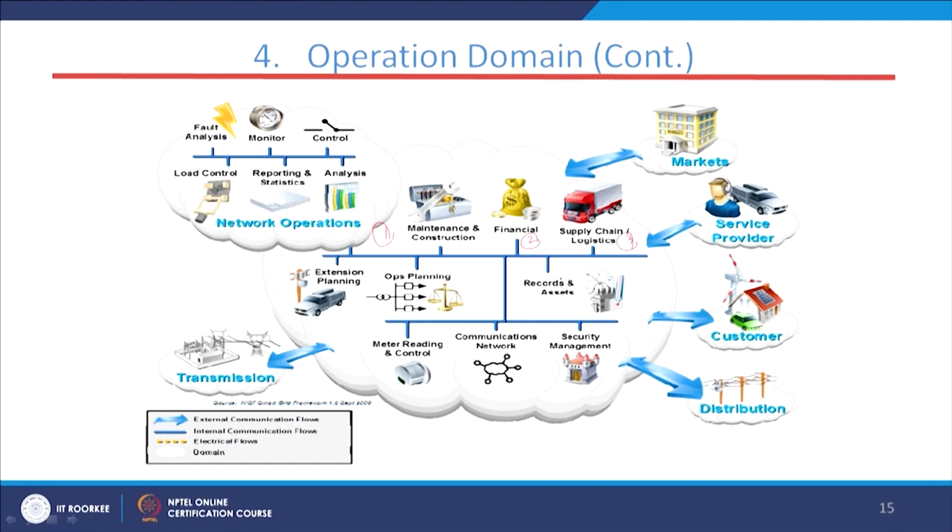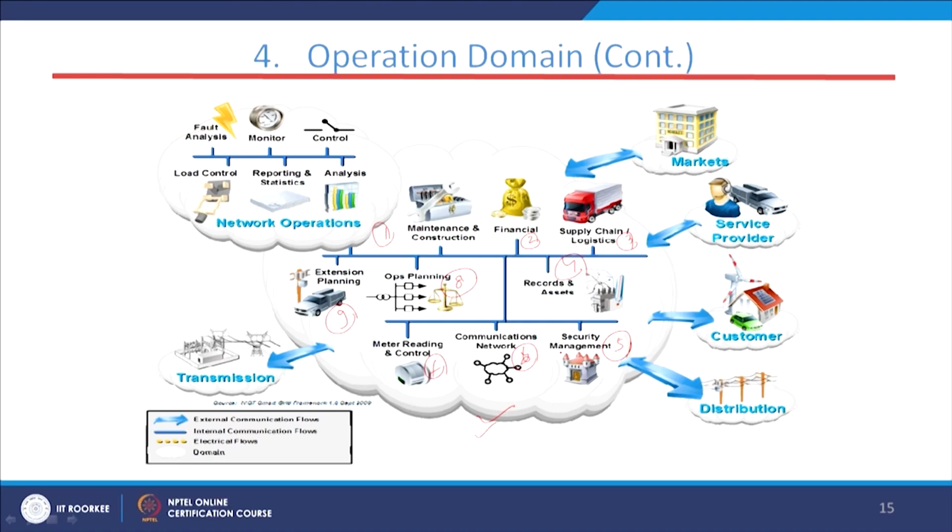Fourth one is records and assets, the fifth one is security management, the sixth one is communication networks, the seventh one is meter reading and control, and the last two are eighth, operation planning, and ninth, extension planning.